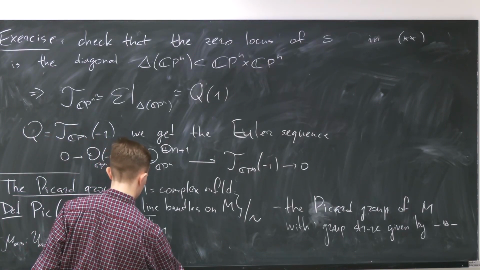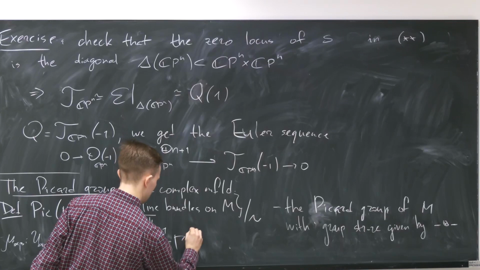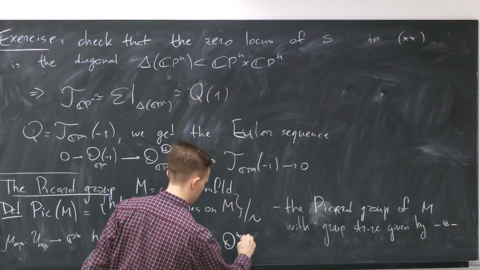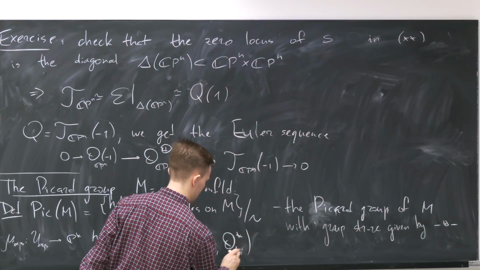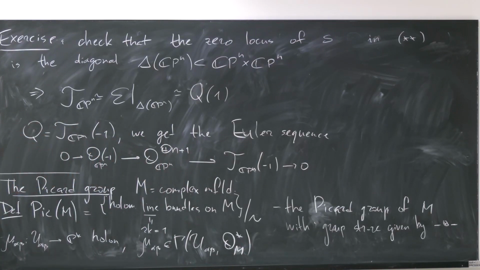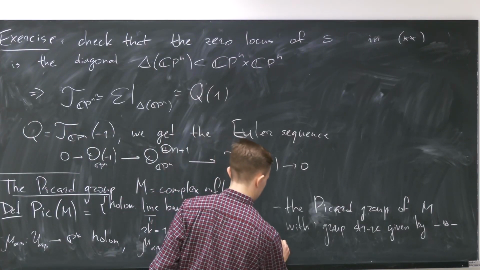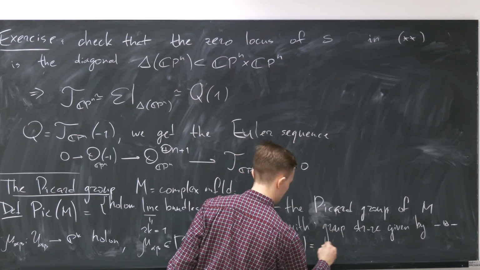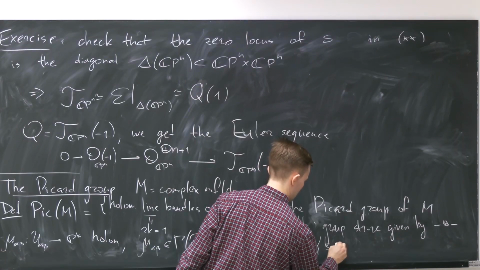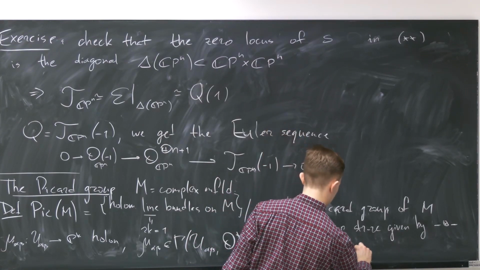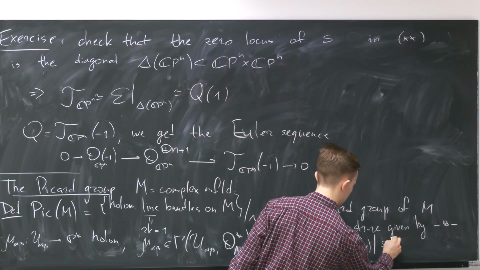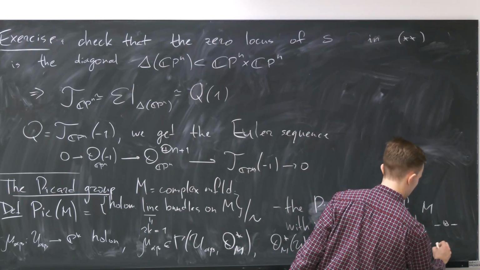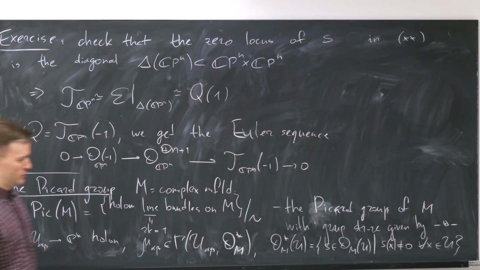I may say that this mu_alpha_beta is a section of the sheaf of invertible elements in O_M. I denote this sheaf by O_M star. So O_M star is the sheaf of invertible elements in O_M, so invertible functions. They are pointwise non-zero, right? So for any point in their domain of definition.